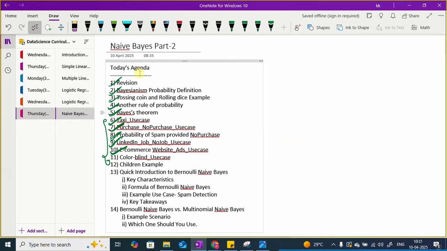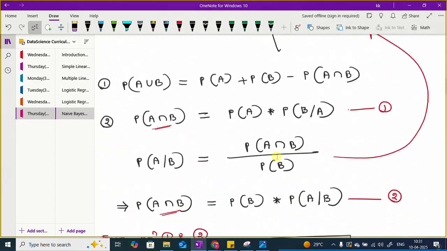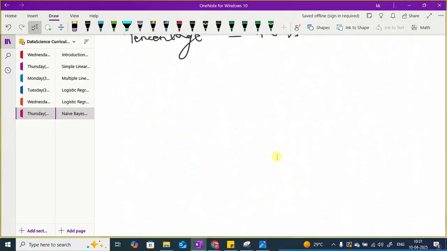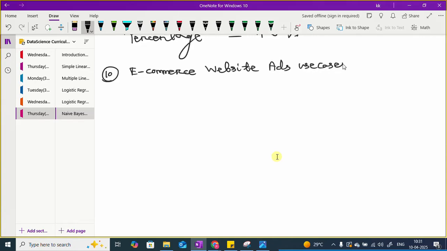So e-commerce website ads use cases. This is very, very interesting, guys. These are all real-time use cases, because while teaching we cannot take the name directly. That's why I'm using 'a company'.